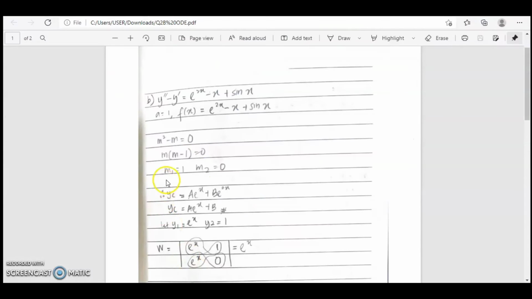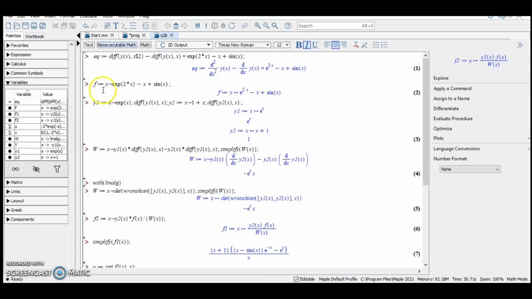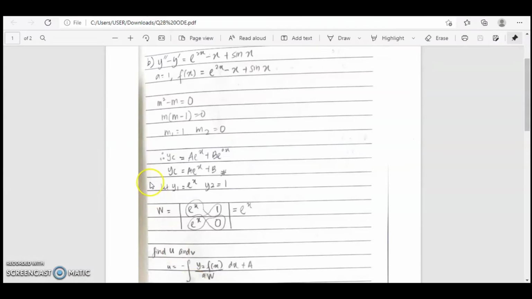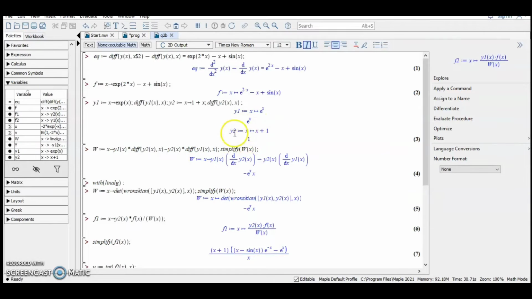You can see the f of x is e to the negative x plus sin x, so I put it here. Then y1, I determine the exponential x, because y1 is e to the x and y2 is 1. So I determine this 1.